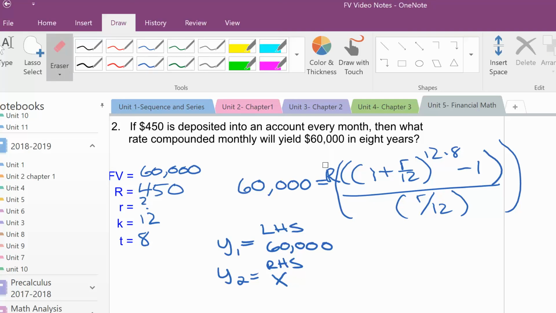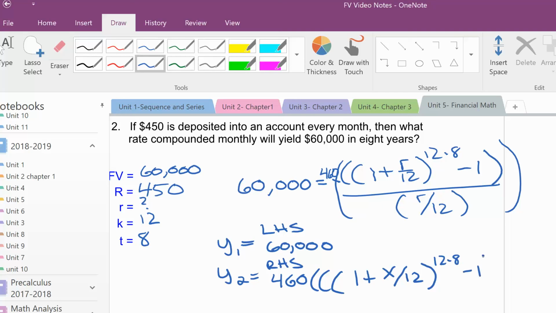Actually, sorry, I forgot the 460. So it's going to be 460. Then the three parentheses, 1 plus x divided by 12, parenthesis, to the 12 times 8 power minus 1, parenthesis, divided by x over 12, parenthesis, close parenthesis.